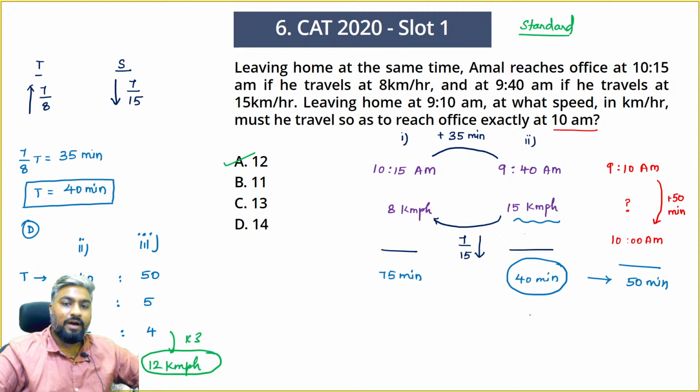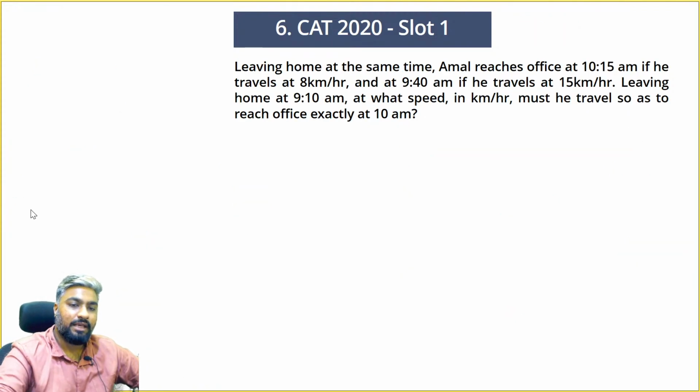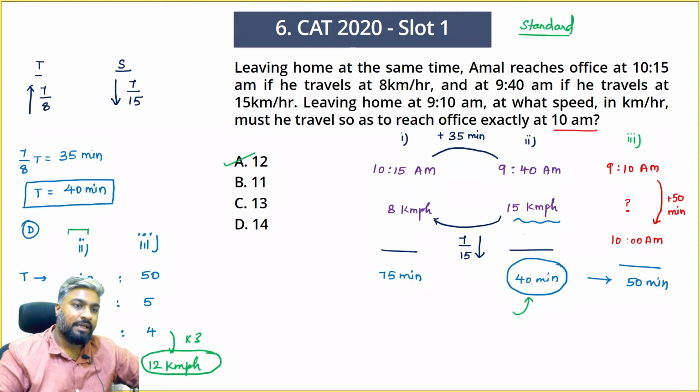So once we found out that the usual time in the second case is 40 minutes, we go for the ratios. Second case, and this is the third case. In the second case, time taken is 40 minutes. In the third case, we want it to be covered in 50 minutes, starting at 9:10, reaching at 10. That is 50 minutes.